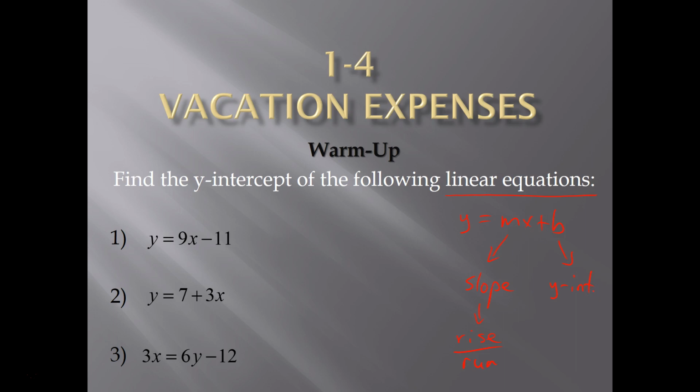Now the problem tells us that these are linear equations, but quite honestly we should know this going in. We should know just by looking at what we see here that these are linear equations, because the equation has an x and a y. It has an x to the first and a y to the first. Anytime that happens, the degree of the equation, the degree being the biggest exponent, is 1, and it produces a line.